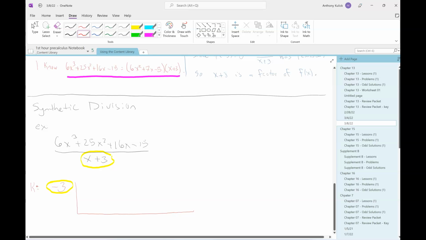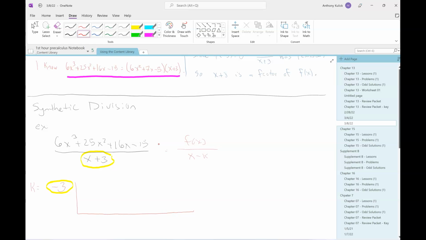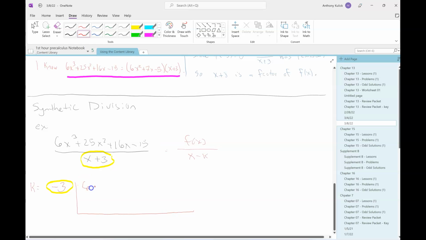I'll put that there. Does that look familiar to everybody? And then what goes inside are the coefficients for my f of x.